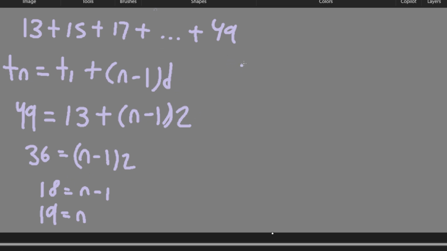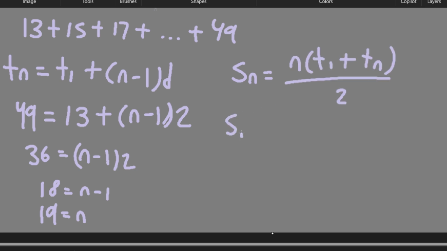So now we can do Sn, let's use the other formula to make our life easier. S19 will be equal to 19 times 13 plus 49. Now let me explain this.